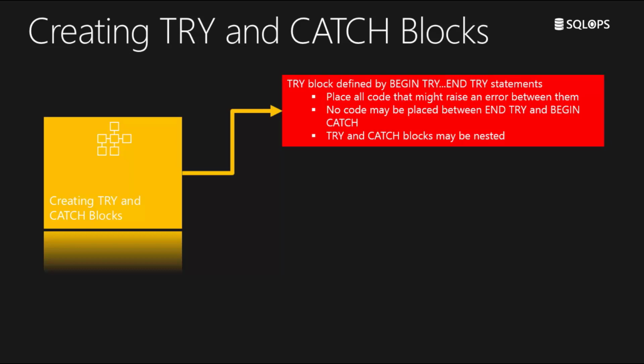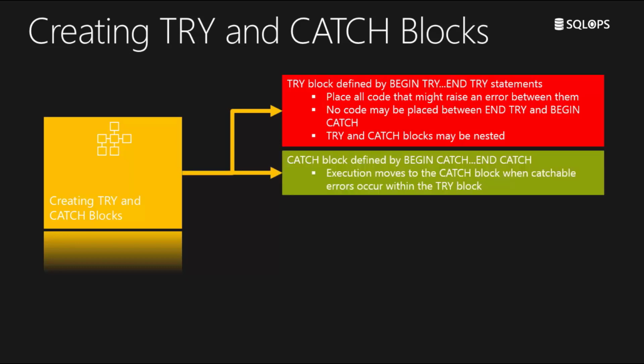When an error condition is detected in the Transact SQL statement that is inside a try block, control is passed to the catch block where the error can be processed. A try block must be immediately followed by a catch block. There should be no code placed between end try and begin catch statements. You need to place all the code that might raise an error between the begin try and end try statements. You can also nest the try and catch blocks.